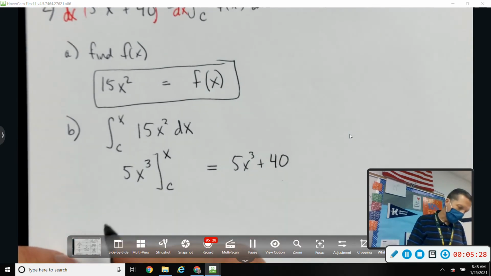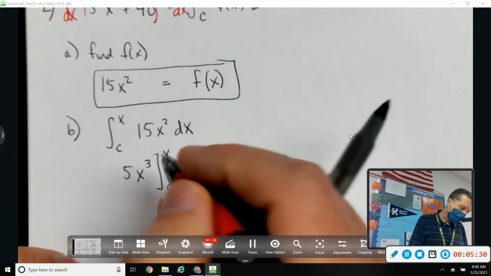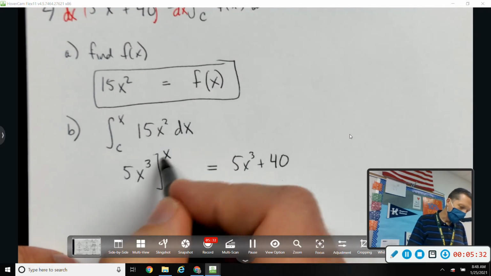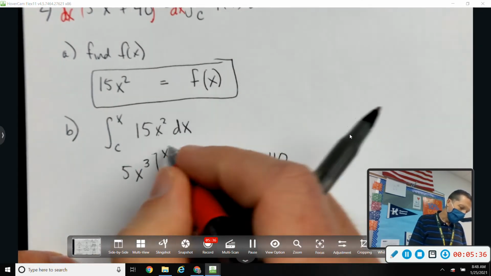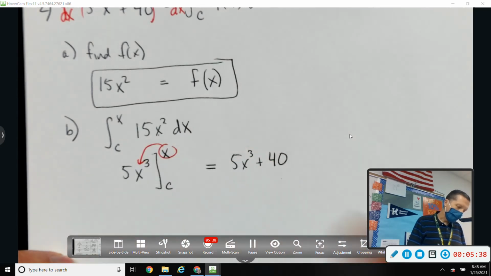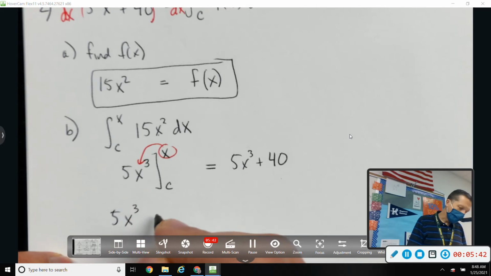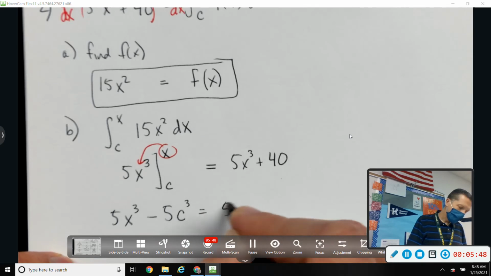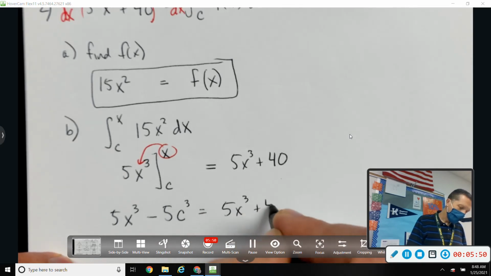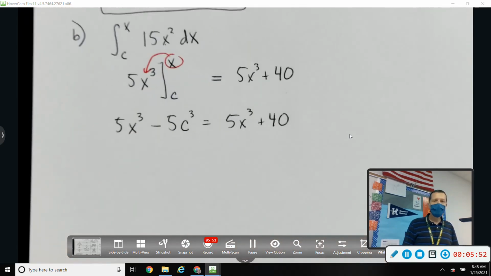So back to the left-hand side here. If I plug in x, oh, this is a little bit dicey. I probably should have left that as t, because plugging in x for x seems a little bit weird. I get 5x cubed. If I plug in c for x, I get 5c cubed. That still equals 5x cubed plus 40.